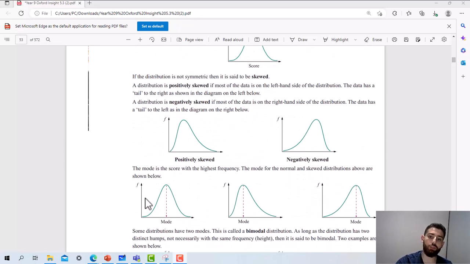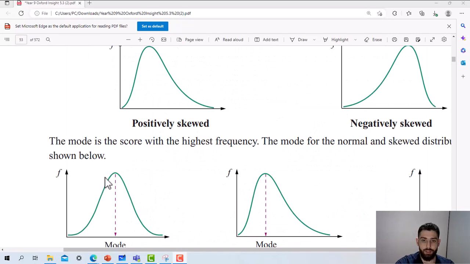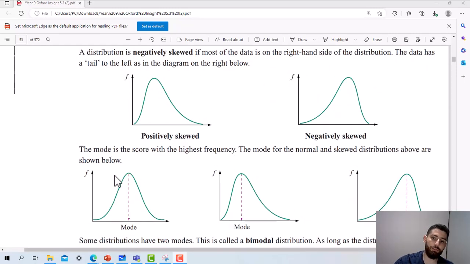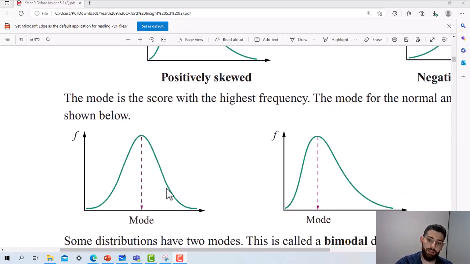Also, we have what's called the mode. Mode represents the highest frequency in our data. So here, say for example, we have the highest grade in our math exam, 40. So 40 is our mode, which represents the peak of the graph.